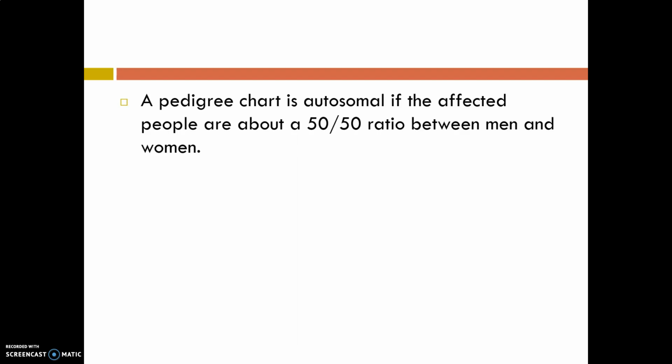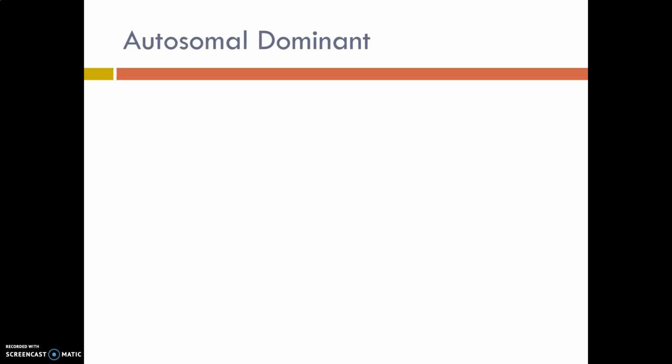You'll be able to see if something affects one more than the other. So when you have an autosomal dominant pedigree, okay, this will be the list of things that you're going to look for in order to identify it as an autosomal dominant pedigree.